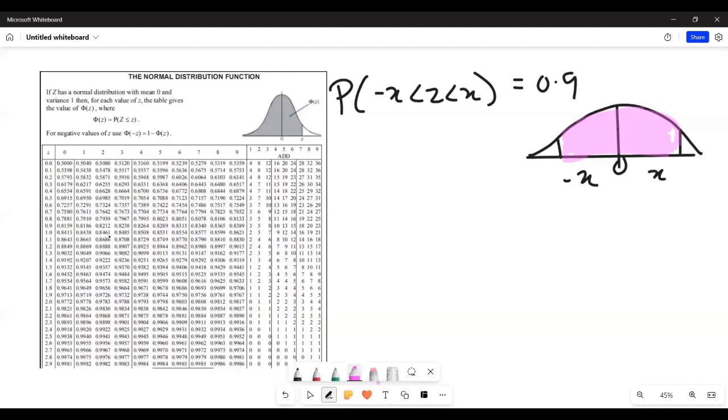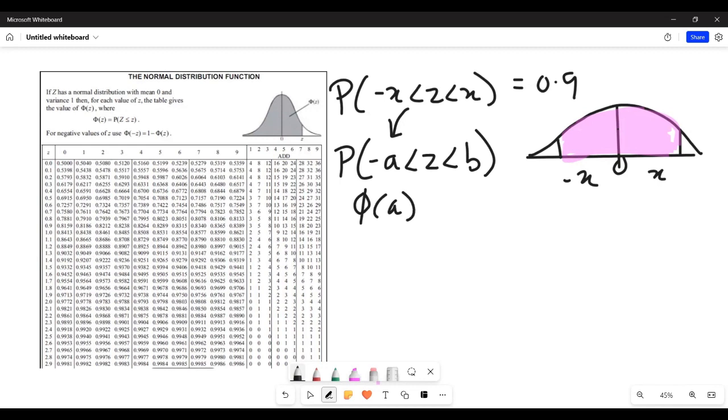Okay. Now, let's use the rule we studied yesterday. If it's minus x and x on both sides, what you do is, let me just write the general rule. Probability minus a less than z less than b becomes phi a plus phi b minus 1.